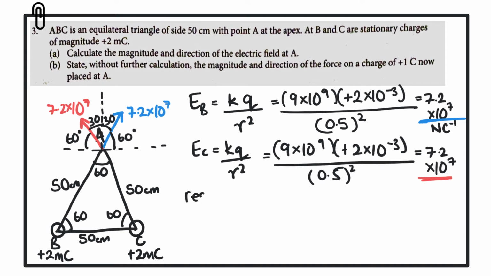So to work out this resultant, what we're going to do is work out the resultant of the horizontal components and the resultant of the vertical components.